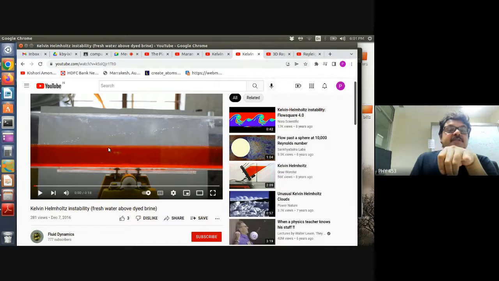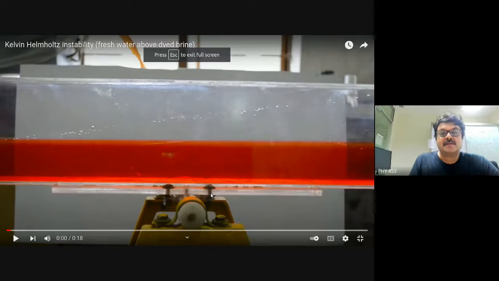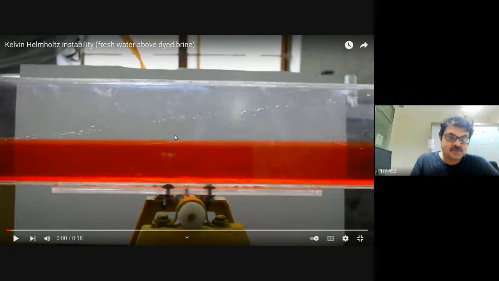Filling these two liquids into this glass chamber so that they don't mix was apparently the biggest challenge for doing this experiment.